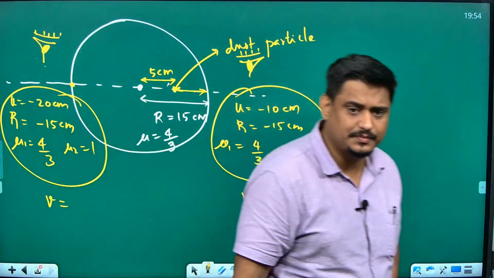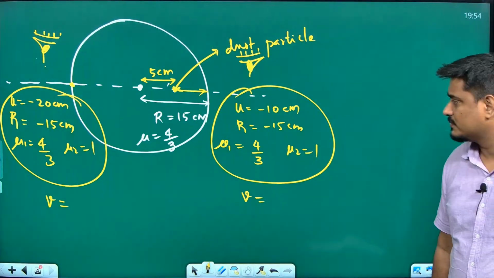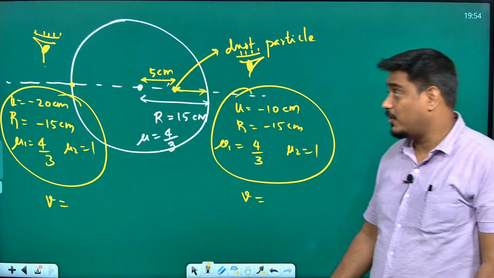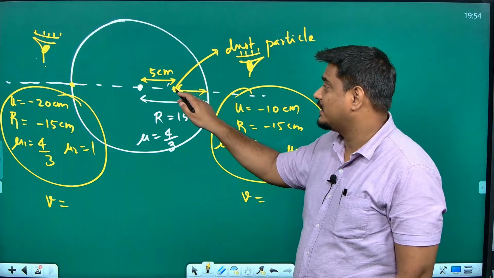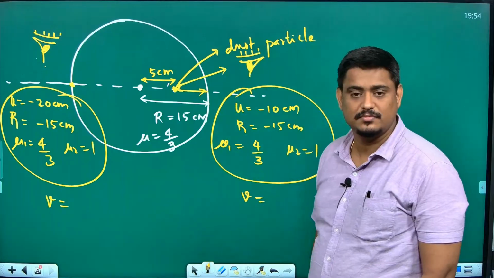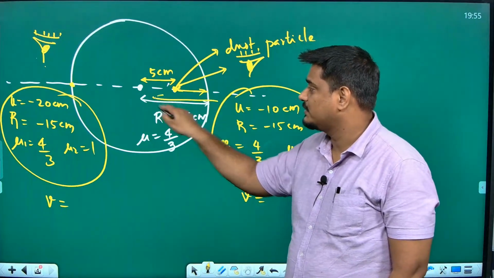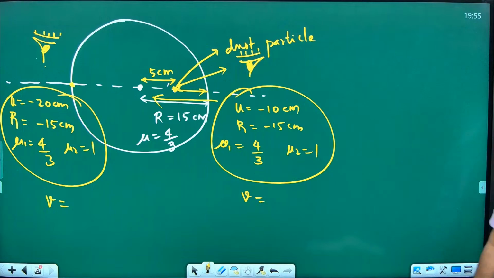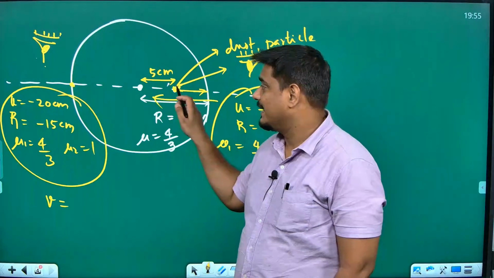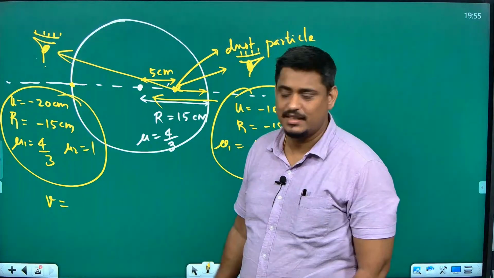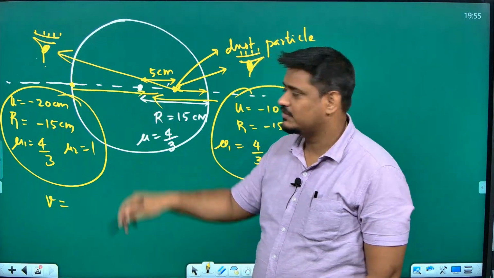Anybody has solved? How is R minus? Because the ray is going in this direction, incident, and R you are measuring in this direction, so minus 15. Same way, if somebody is seeing from here, rays are going in this direction, and R you are measuring in this direction.